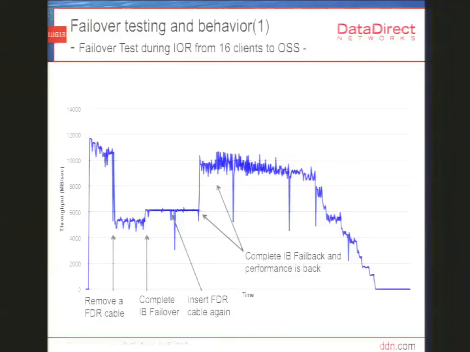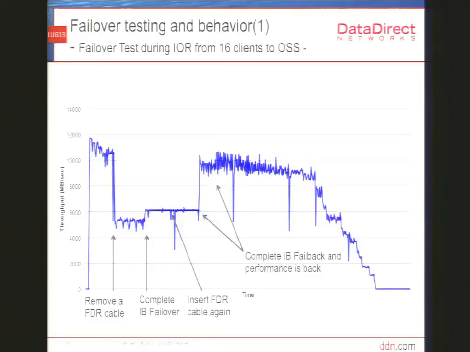Then the bonding interface tries to fail over. Once the bonding interface selects a new slave interface, the failover is complete, and Lustre tries to reconnect to the client. Once the reconnect is complete, all of the OSTs are accessible from the client, but it is running on one HCA in a degraded mode.